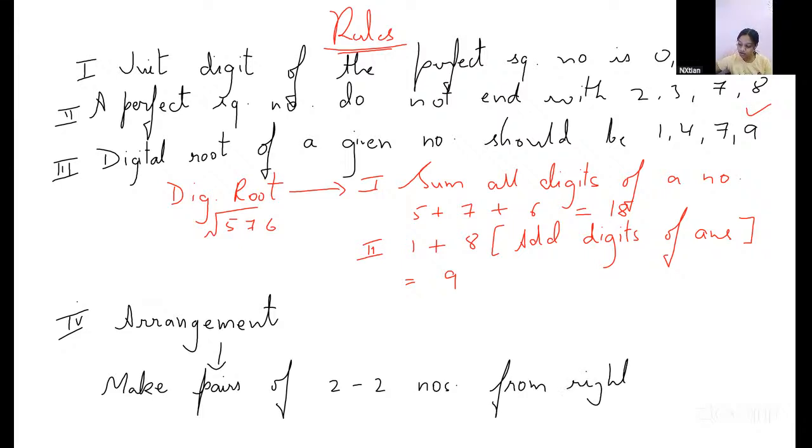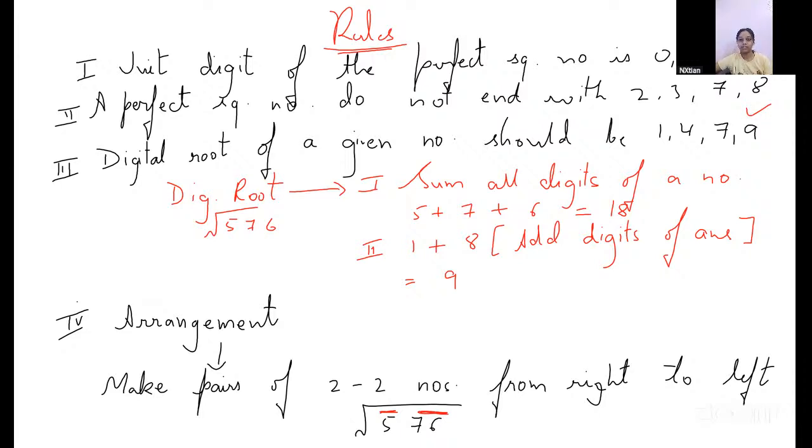How? Suppose I have 576. I'll make one pair of 76 from the right, and then 5 will be alone.